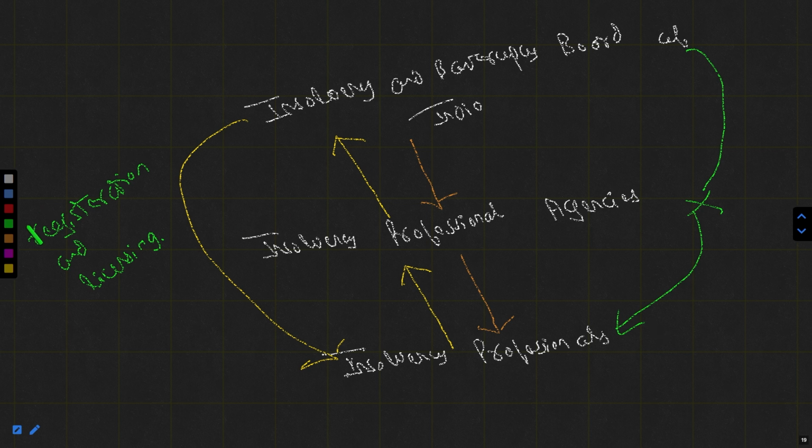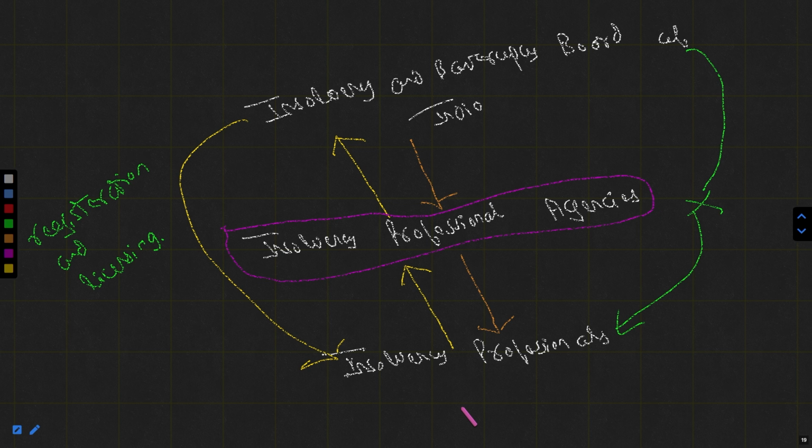So in between them, they have the insolvency professional agencies, which act as an intermediary. Because the insolvency professionals are so many, the IBBI has not only the task to look after them, but also to manage the entire process of the IBC code. So it is not possible that the IBBI will look after each and every individual professional effectively and efficiently.